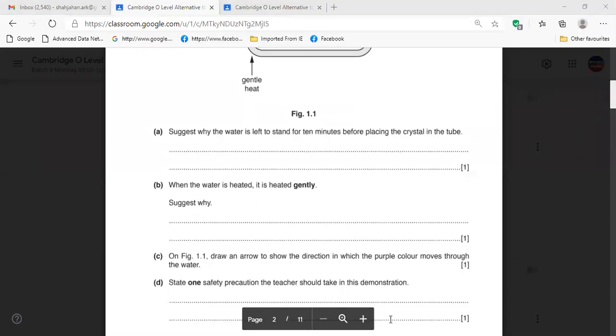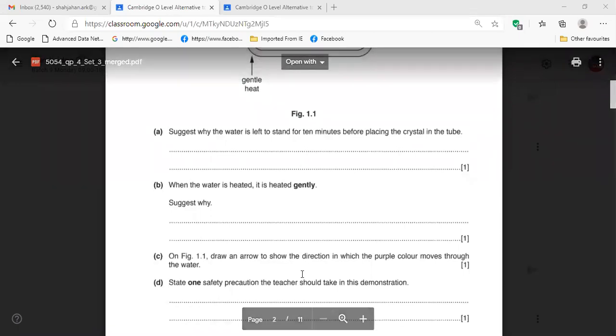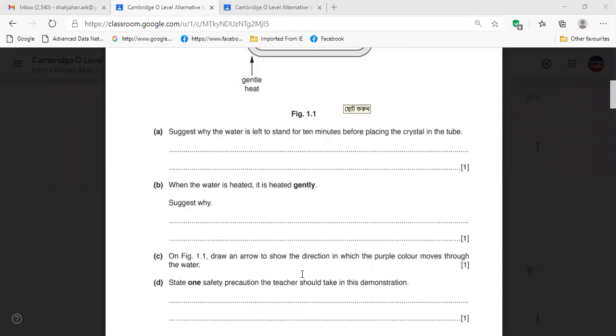Sir, so that the color would spread thoroughly or the heat will spread thoroughly. Say again, Abir. The color would spread thoroughly, slowly.